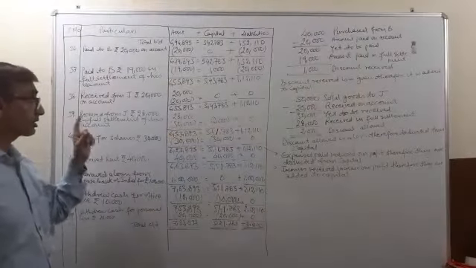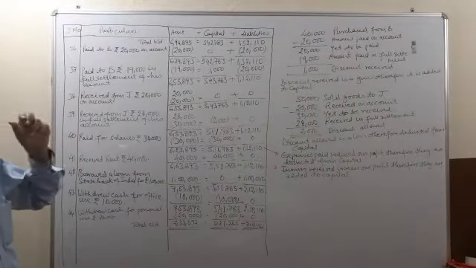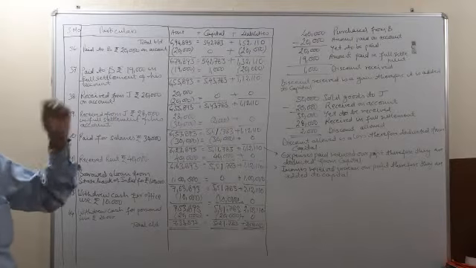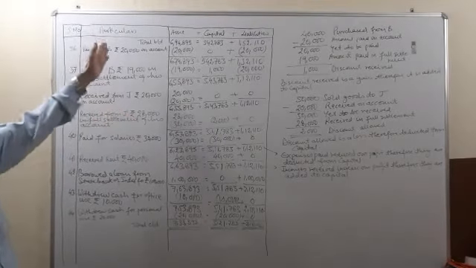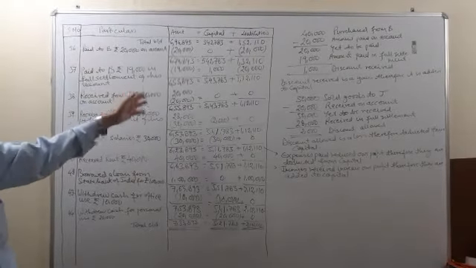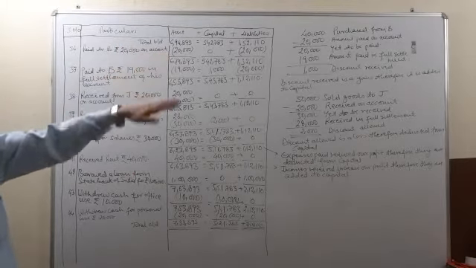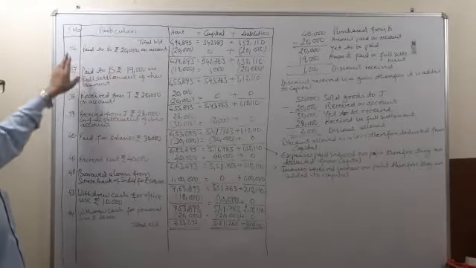In the previous video, the first video, the numerical part of the accounting equation, asset is equal to capital plus liability, was dealt with.